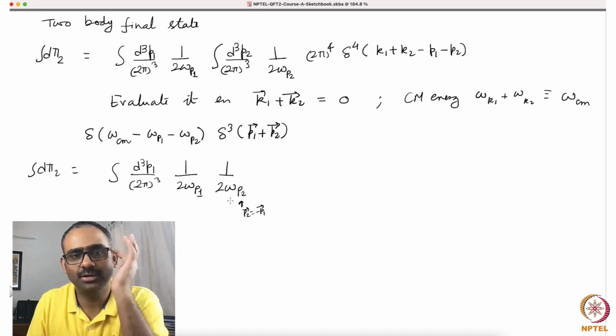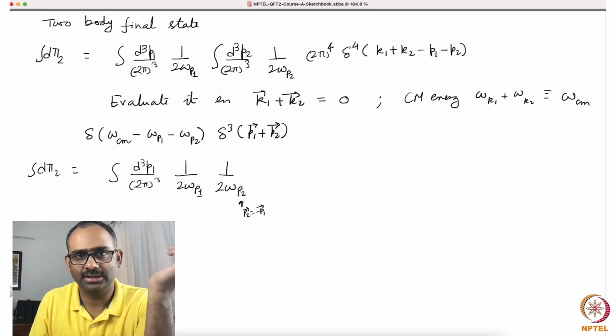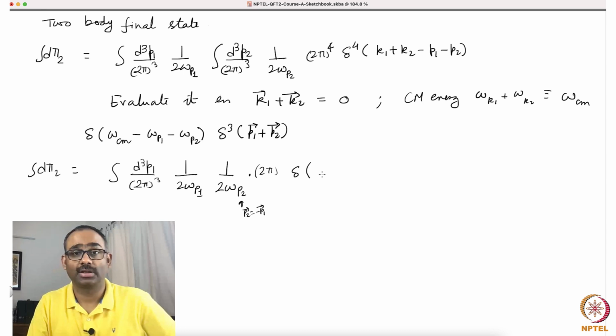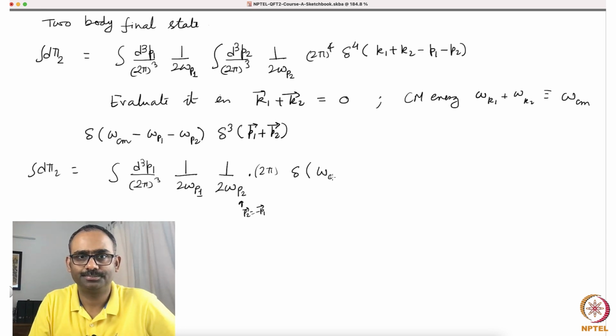I will still continue writing p2, it's easier to write that way, but we understand that this condition, p1 plus p2 equal to 0, has to be supplied. Then you have a factor of 2 pi, and then a delta of omega cm minus omega p1 minus omega p2.